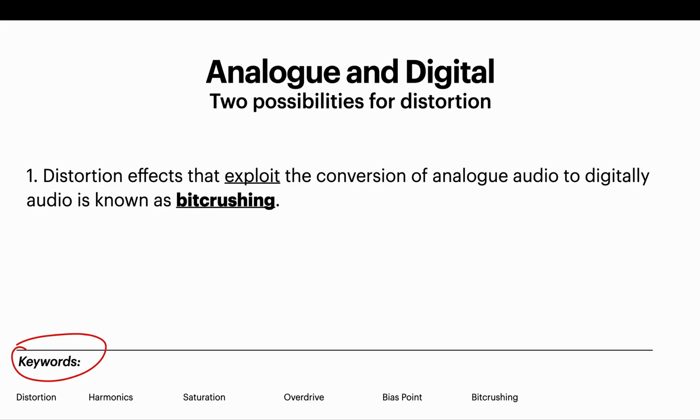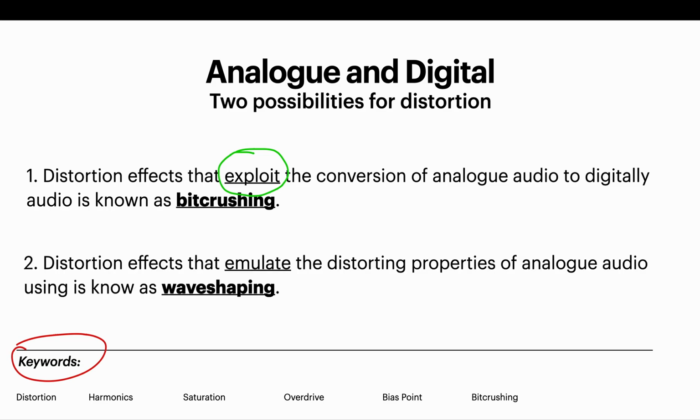Okay, so you have two possibilities for distortion. One is that they're going to exploit, as I've said here, the use of moving from analog to digital, and this is what is called bit crushing. So they're going to, and this is very, very important, exploit that idea of an analog sound moving into digital, and this is called bit crushing.